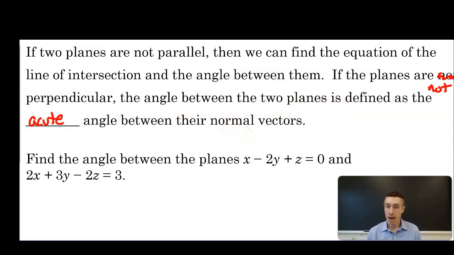Okay? If you think about how two planes intersect, there will be an acute angle and an obtuse angle. So when they're asking, we're looking for the acute angle, which just means we need to make sure that we're finding the inverse cosine, typically, of a positive value.